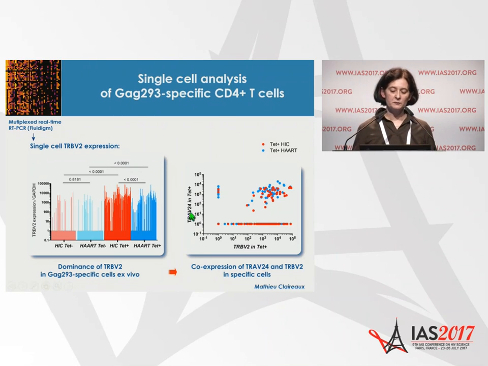Some of the TRBV2 positive tetramer cells express other TRAV genes. So these analyses reassured us that we had sorted the right tetramer-positive cells, even though they can be quite rare, and confirmed that the TCR bias was very marked in the tetramer-positive cells.